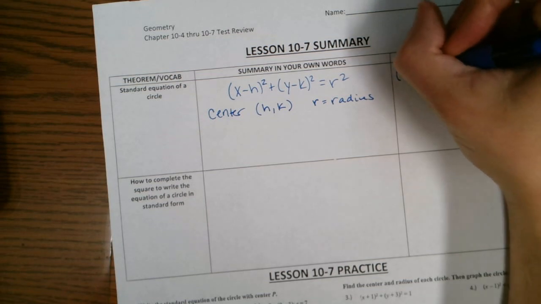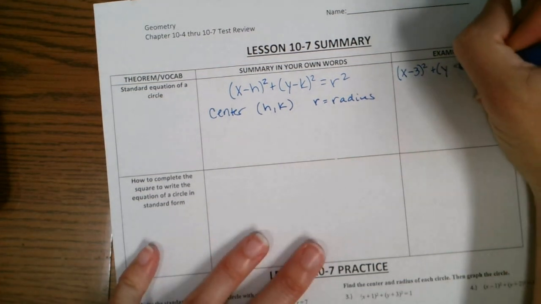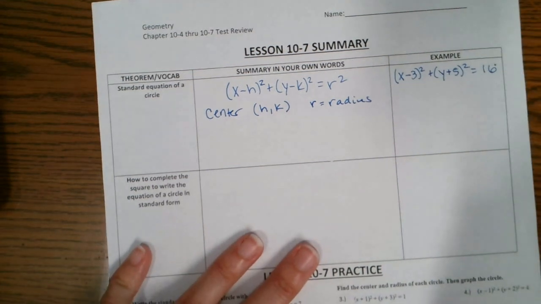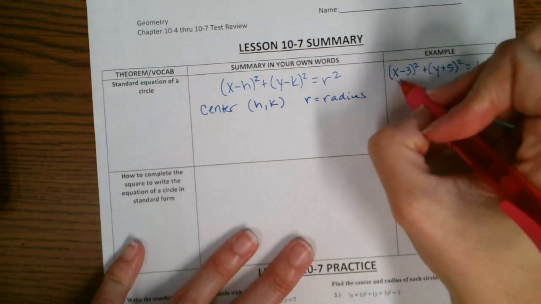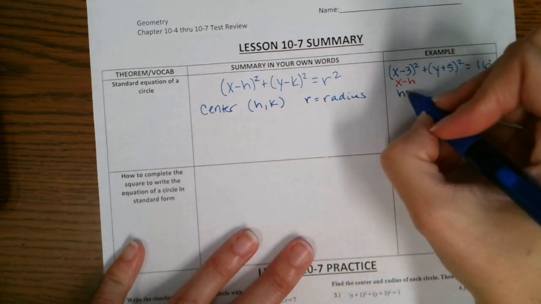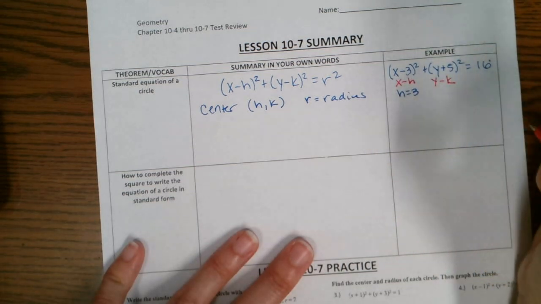If I was given the equation like this, this is my x minus h, so my h value would just be 3. This is y minus k.